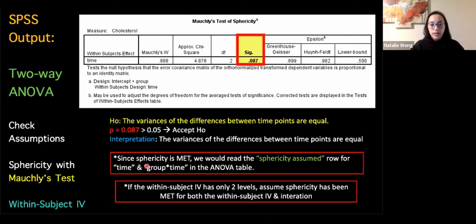So in this box here, I've said we're going to do sphericity assumed for both time and for the interaction. And then a special note, if your within subject factor only has 2 levels, you assume sphericity anyways. And if it only has 2 levels, you assume sphericity for your within subject variable, then you would do the same for your interaction effect as well.